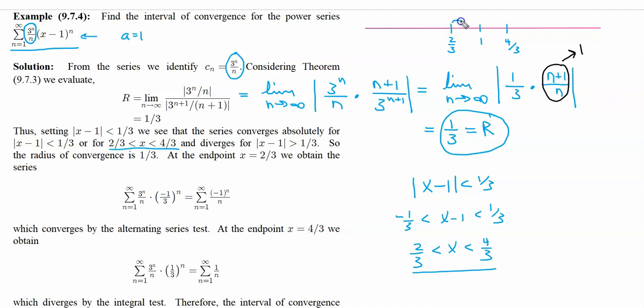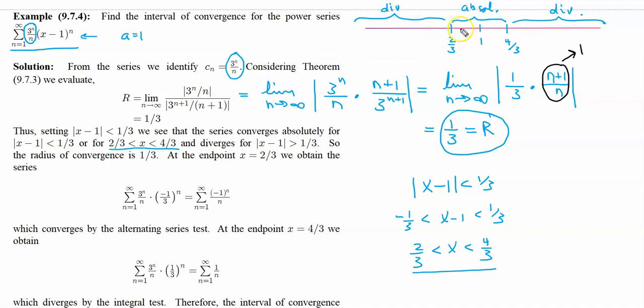And so in this interval right here, we have absolute convergence. We'll just say absolute like that. Now we also know that out here, we will have divergence of the power series for any x we pick out here, and for any x we pick out here, we will also have divergence.